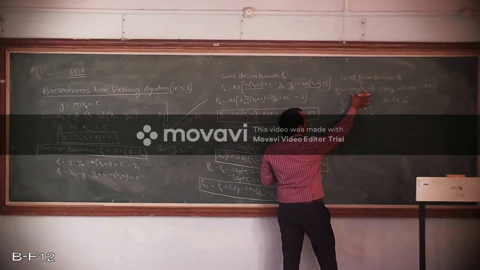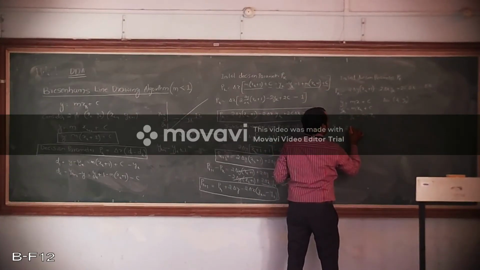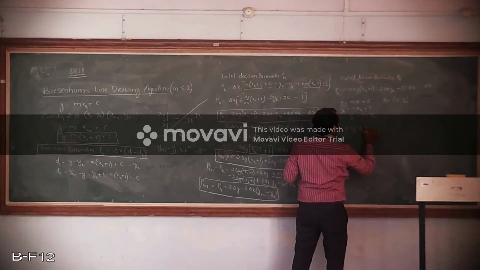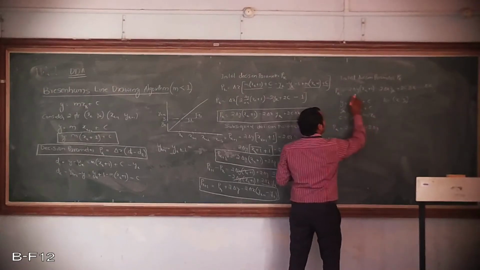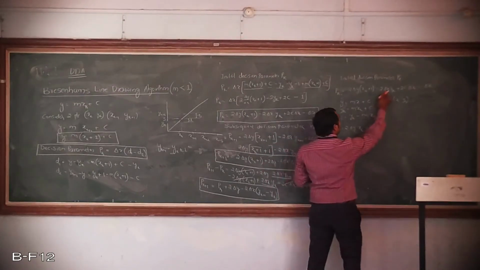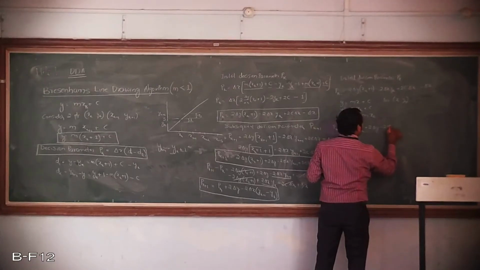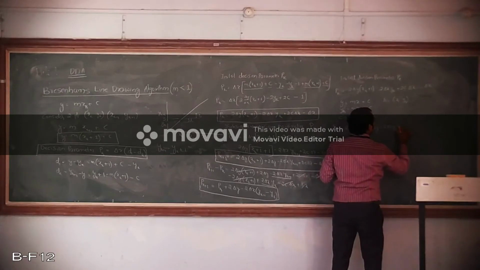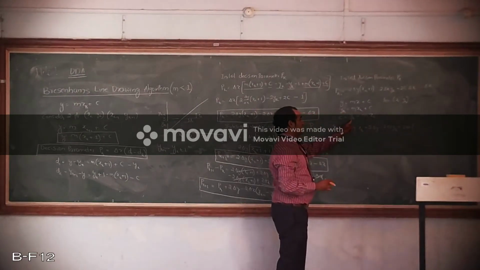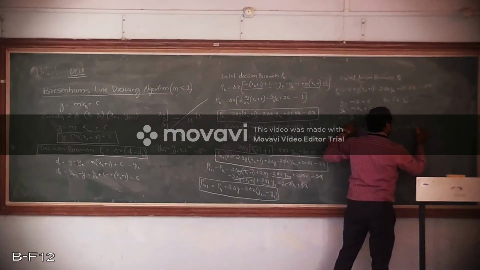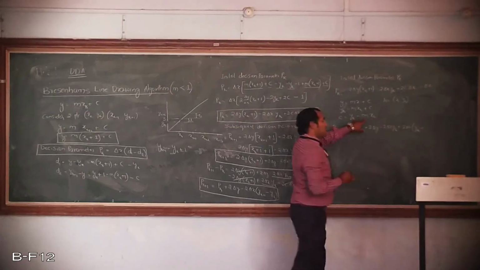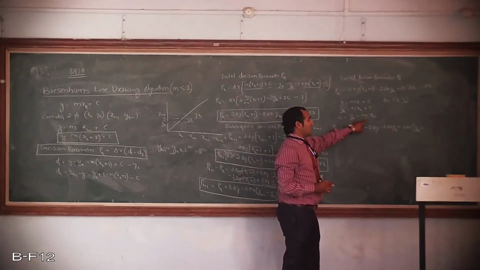I will split this. That is 2 delta y as it is xk plus 2 delta y. I have split this term. Then this term as it is, minus 2 delta x yk as it is, plus 2 delta x as it is. I should substitute the value of c from this. m can be written as delta y by delta x.